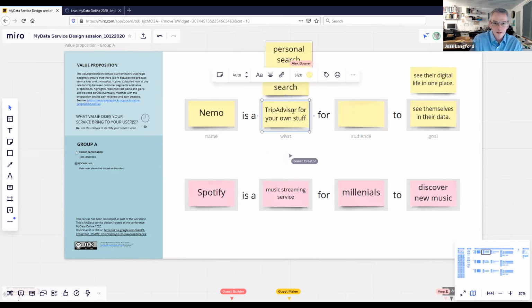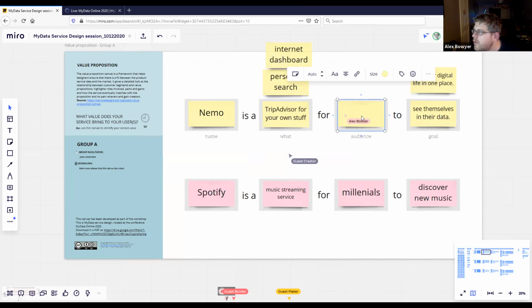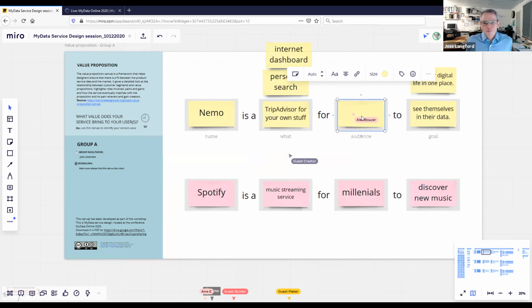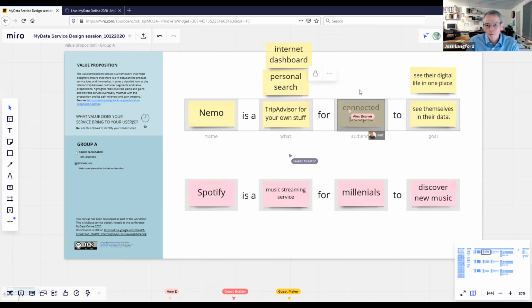I think it's one word, isn't it? I guess that goes in the 4. Oh, I see. 4. So who's it for? Connected people, like that. Yeah, I think that's good. I think we're talking to people who are already there, aren't we? We're not trying to bring new people into the digital space who perhaps don't do as much as we think they could be digitally.